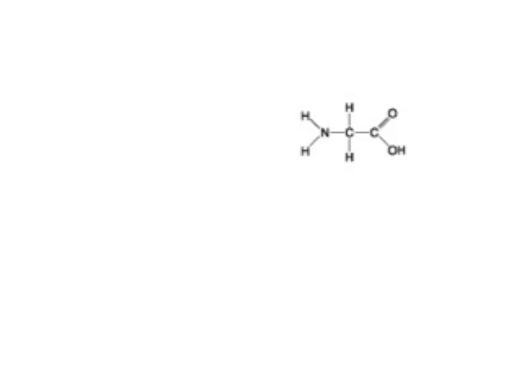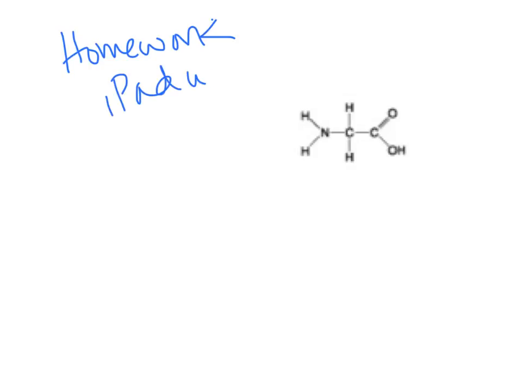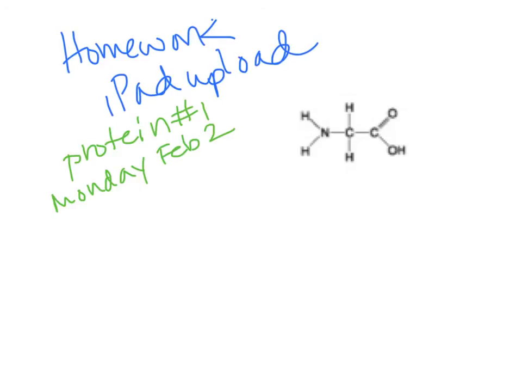So let's try this one. And this is going to be homework. Homework, iPad upload. In this assignment, you are going to tell me, well, we know that it's an amino acid. So please write that.